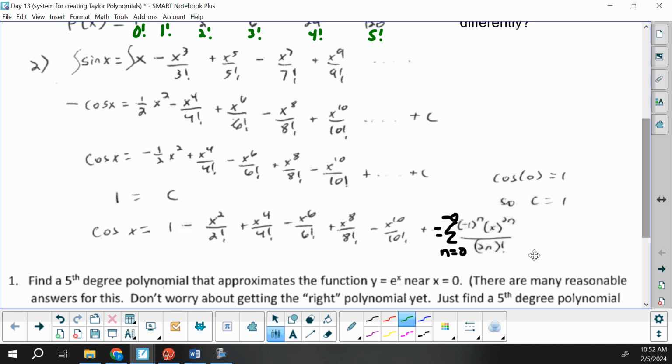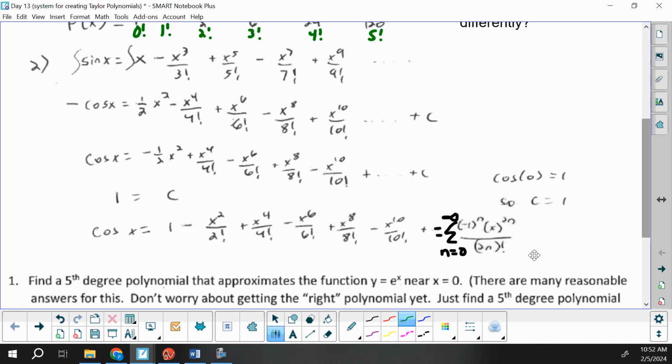Exponent goes up to 4. When we divide by 4, that now becomes a 4 factorial instead of a 3 factorial. X to the 5th becomes x to the 6th. When we divide by 6, 6 times the 5 factorial gives us 6 factorial. And notice we have a plus c on the end because it's an indefinite integral. If we divide everything by negative 1, all the signs switch, and that c is still some constant.